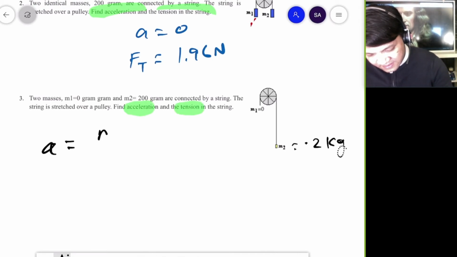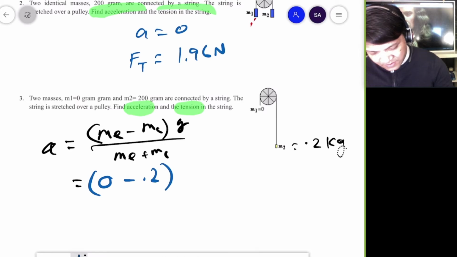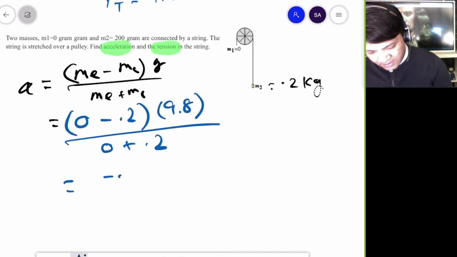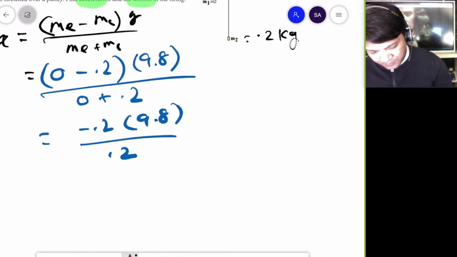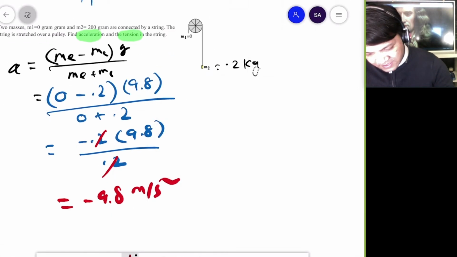Acceleration is m1 minus m2 multiplied by g over m1 plus m2. So that's negative 0.2 times 9.8 divided by 0 plus 0.2. The 0.2 cancels, so negative 9.8 meters per second squared. As we expected, since it is a free fall, the acceleration is the acceleration due to gravity, negative 9.8 meters per second squared.